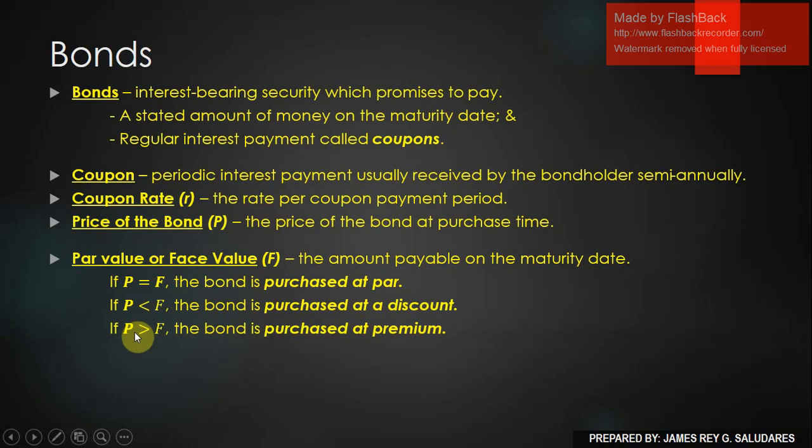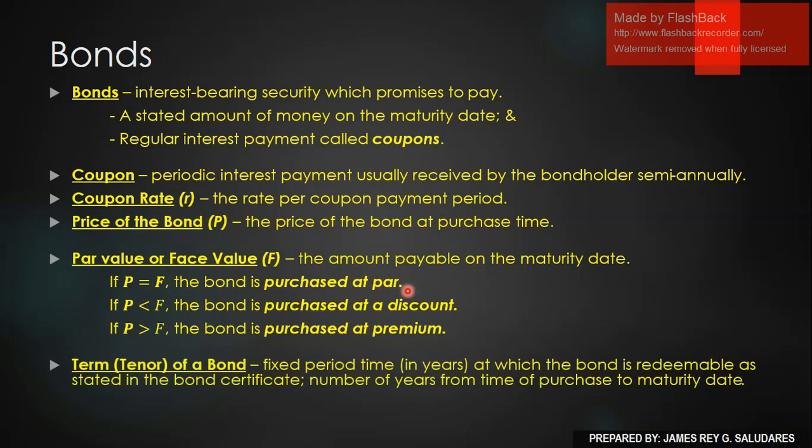Nagpautang ka or nangutang ka, dayon mas dako pa din imong bayaran after a certain period of time. It's either of the three, but majority are purchased at par permente. Generally, most of the examples belong to this one, at par.